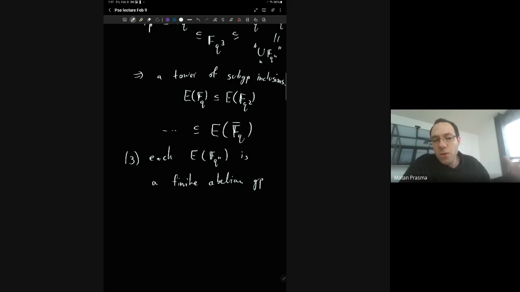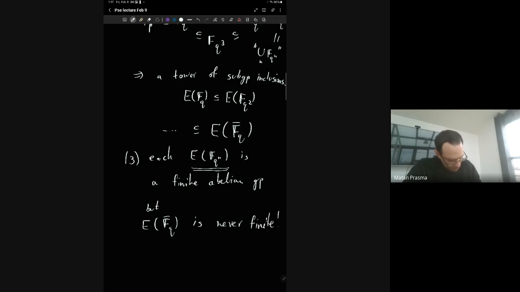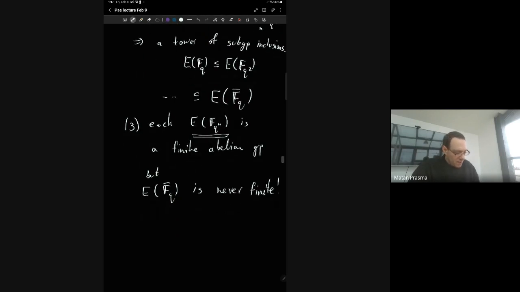Now that we have the classification, we know that any of these groups has a canonical form, right? It is a product of cyclic groups, or a direct sum of cyclic groups. But I claim that E of FQ bar is never finite. So why is that?